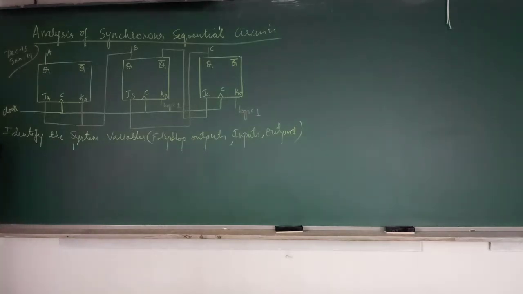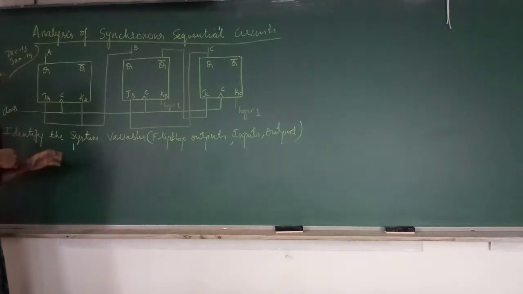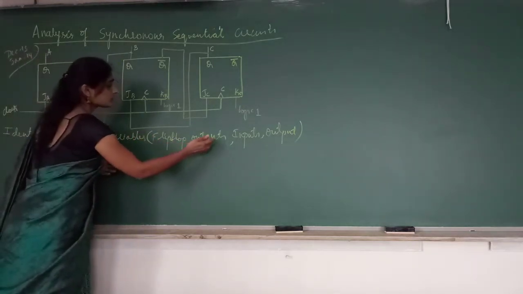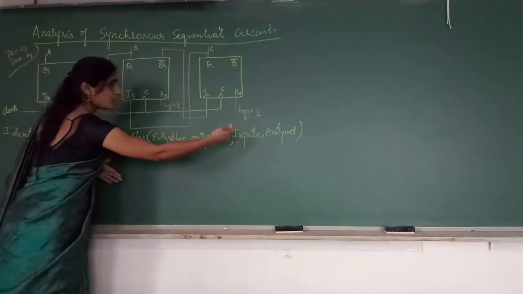Okay, we'll take this example and discuss one by one. So what is the first step? Identify the system variables. When a circuit is given to you, first look at the circuit and identify the system variables. What is the meaning of system variable? Flip-flop output, any input, any output.